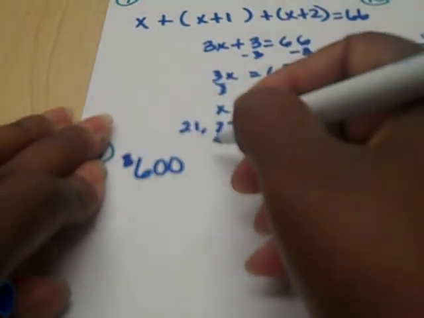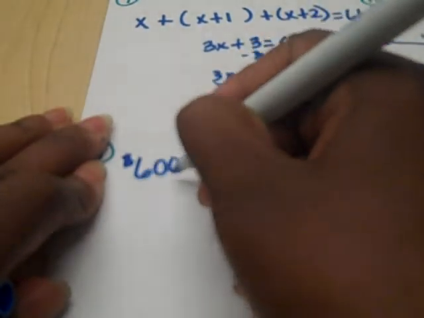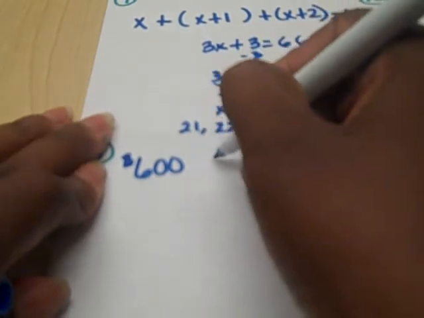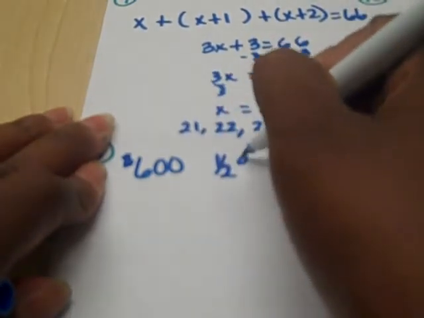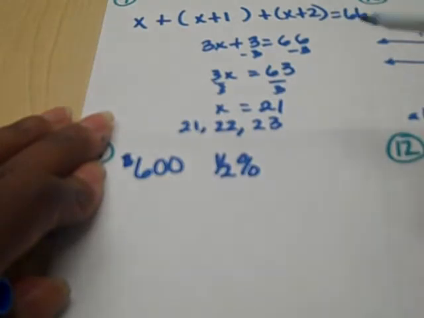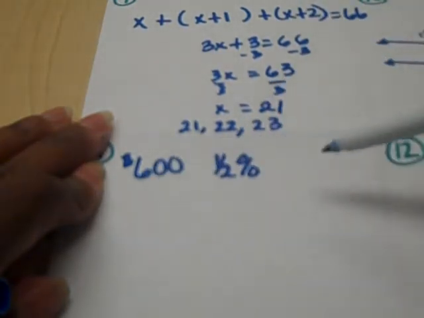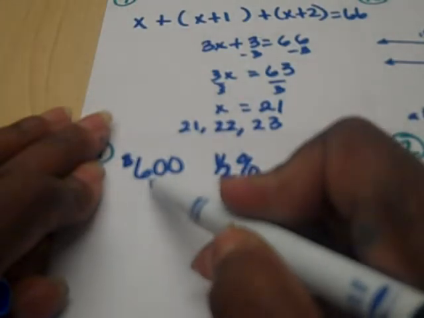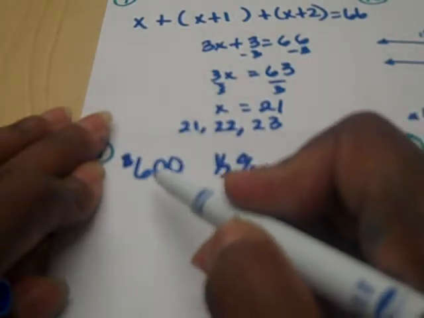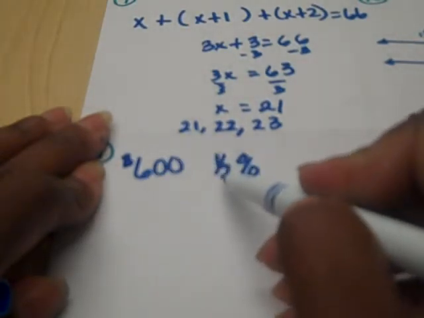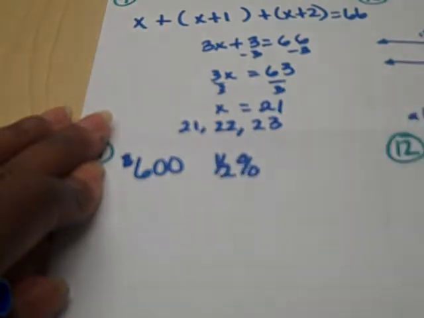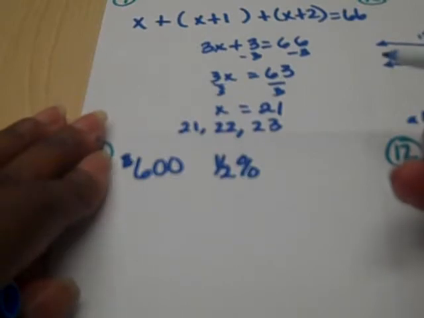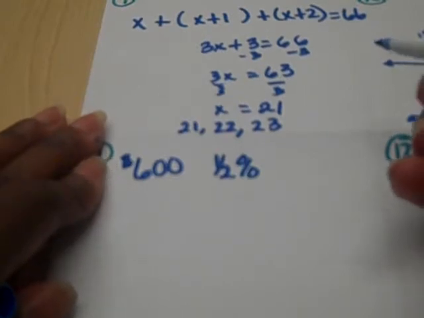And there is an interest of 0.5%. But we want to know the total after 1 year, and this is simple interest. So what we need to do is multiply 600 times 0.5%, then add the 600 plus that amount to determine Anna's new amount.